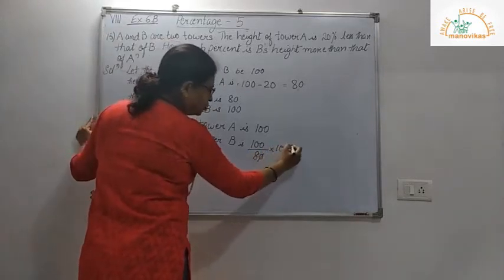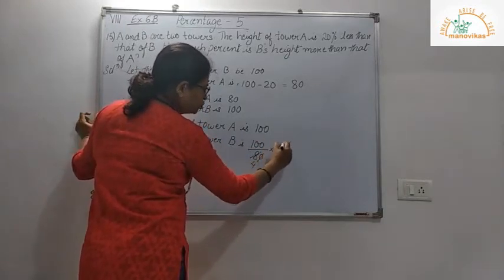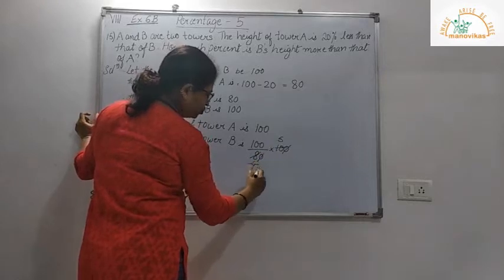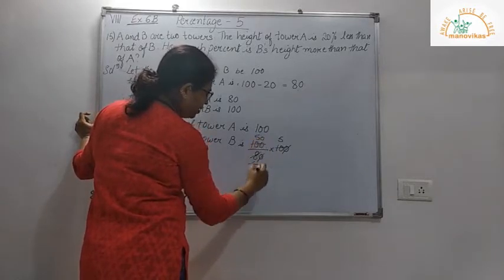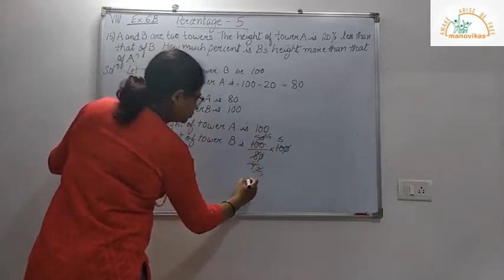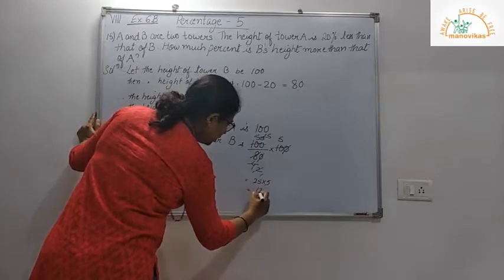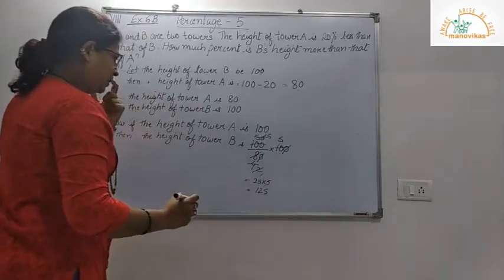So I cancel 0 over here. 2 4s are 8, 2 5s are 10, 2 2s are 4, 2 50s are 100, 2 1s are 2, 25s are. So we get here 25 into 5, which is equal to 125.